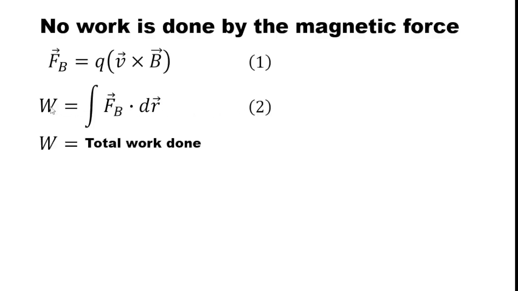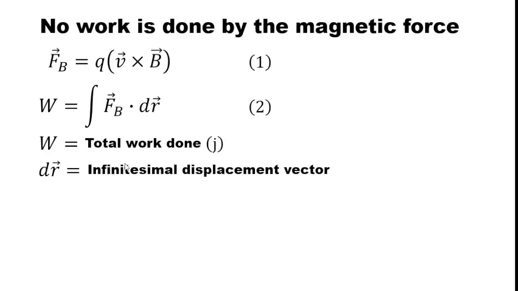In this equation, this W represents the total work done. It is measured in joules. And this dr is the infinitesimal displacement vector. We measure it in meters.